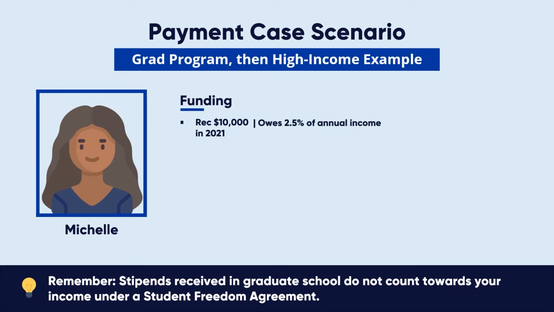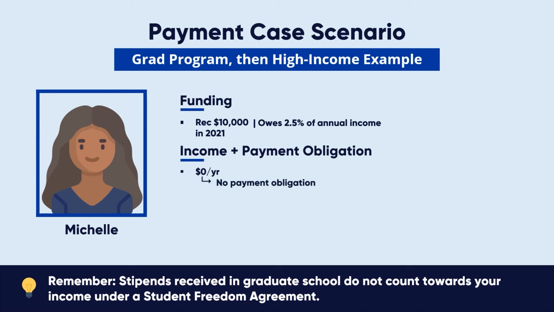Right after graduating with her bachelor's degree, Michelle enrolls in medical school. This means that for the 4 years Michelle is in med school and is not making any income, she is earning less than the threshold amount and does not have to make any payments to Student Freedom Initiative. Stipends provided in graduate school do not count as income under a Student Freedom Agreement.